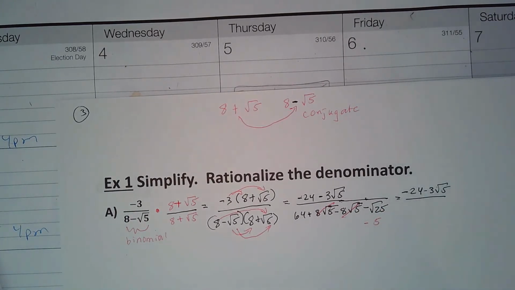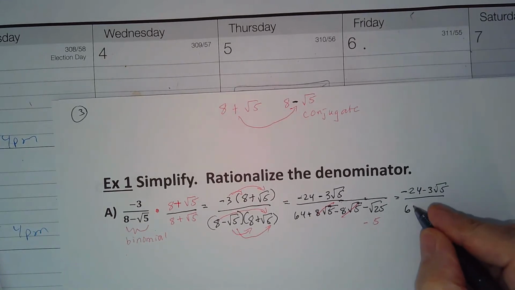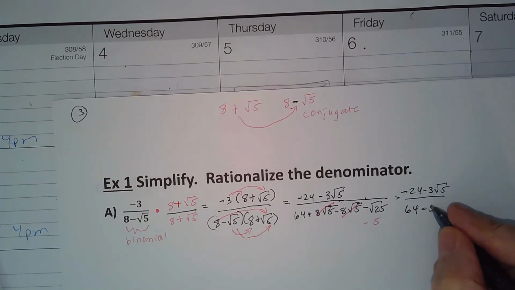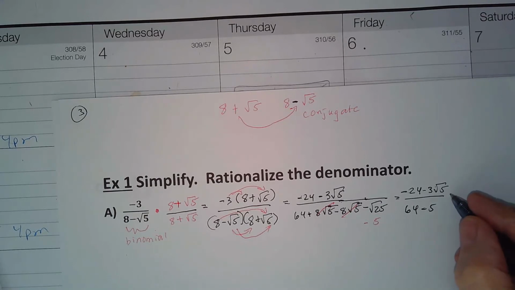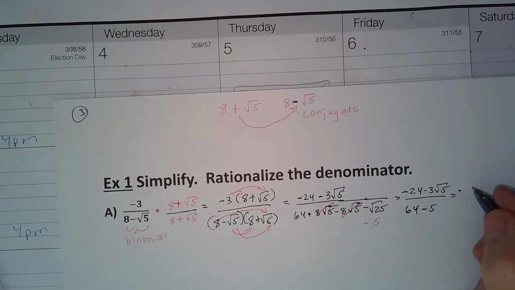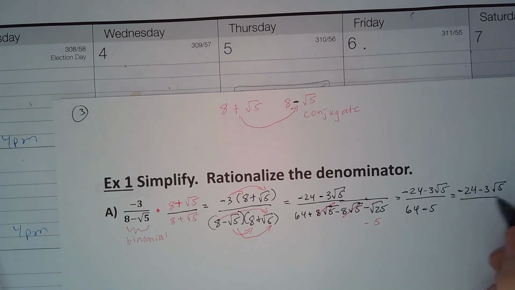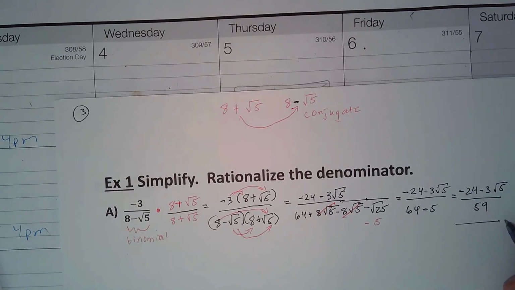So I have 64 minus 5 in the denominator. And of course, that simplifies to negative 24 minus 3 square root of 5, right, divided by 59. And that's your answer, okay?